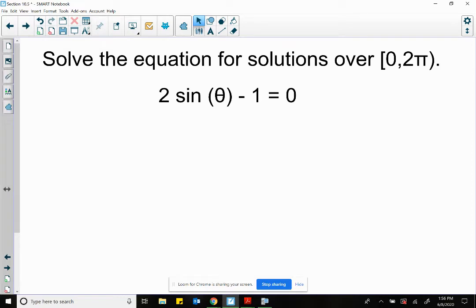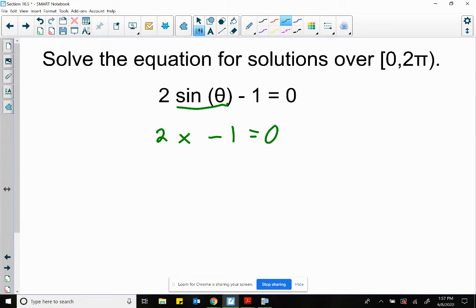Okay, so we want to get sine theta by itself. That means we need to get this -1 out of here and this 2 out of here. Think of sine theta as a giant variable. Think of this as if it was written as 2x minus 1 equal to 0.